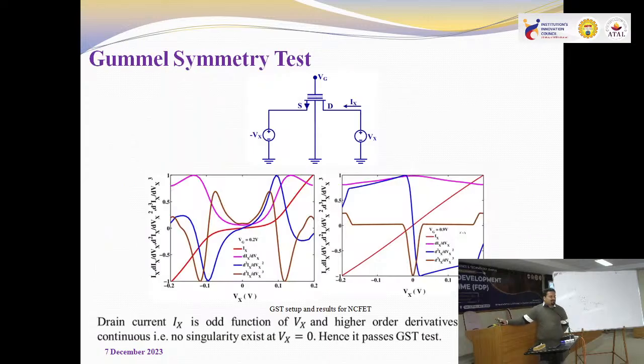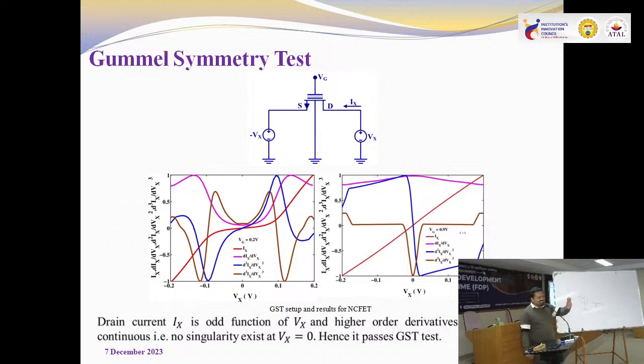Because we have done some modifications, there is one test known as the Gummel symmetry test, which tells the symmetry of the device. Many times we say that MOSFET is a symmetric device: the source and drain can be interchanged. We did this test and found that the drain current Ix is an odd function of Vx. That tells that the device is symmetric in nature. Higher order derivatives are continuous, and no singularity exists at Vx equals 0. Hence this passes the GST test.